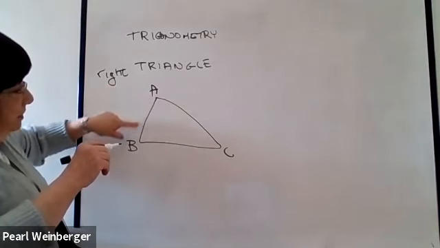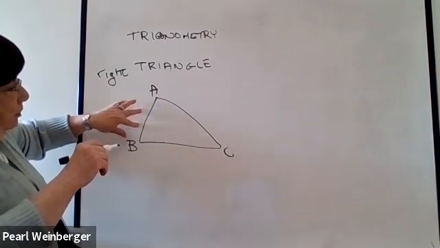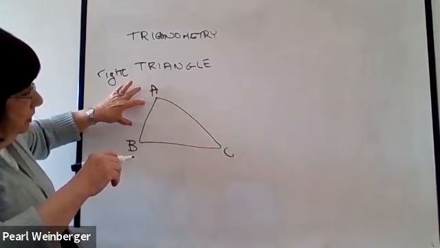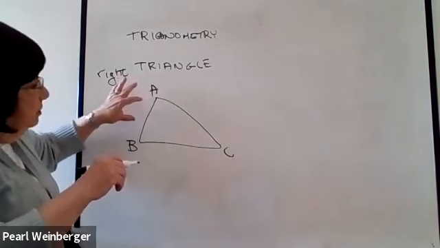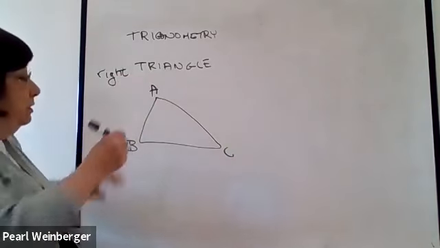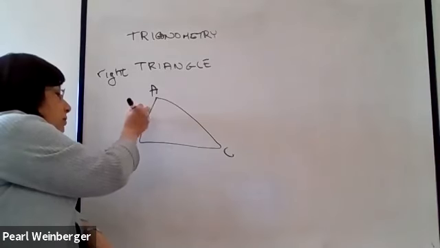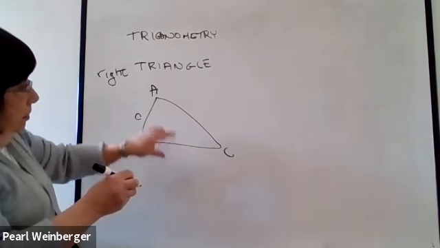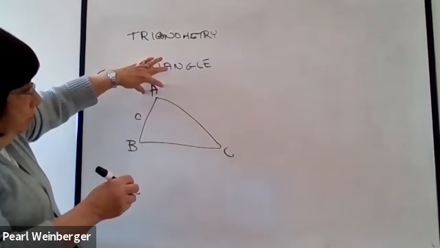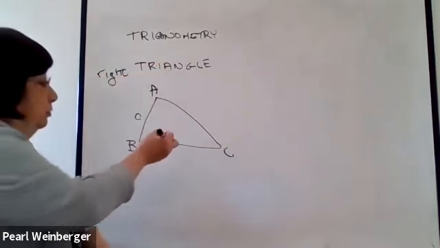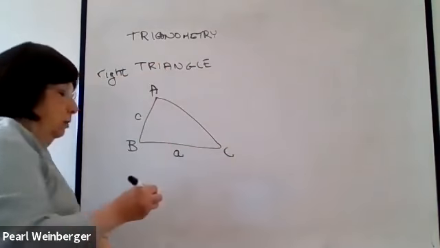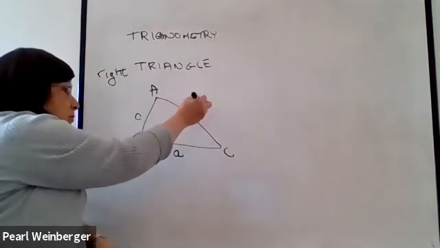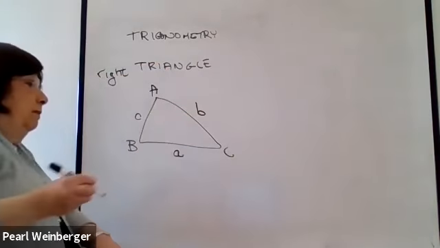If you look at this side over here, it's right across from angle C. It's directly across. It's not attached to angle C, it's across. We're going to call that side small c. Then this side over here, which is directly across from the angle A, is going to be called small a. And obviously this one is going to be called small b.